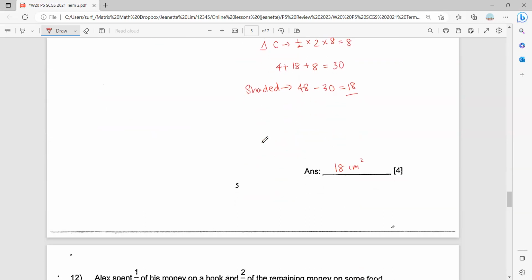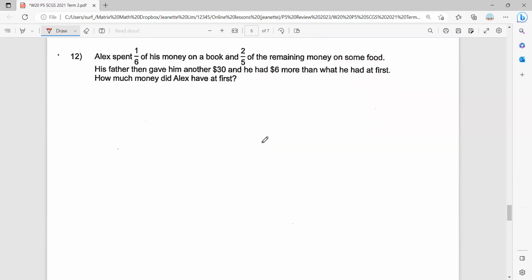Okay, next question 12. Alex spent 1/6 of his money on a book and 2/5 of the remaining money on some food. His father then gave him another $30, and he had $6 more than what he had at first. How much money did Alex have at first? Okay, so for this question, they say of the remaining.